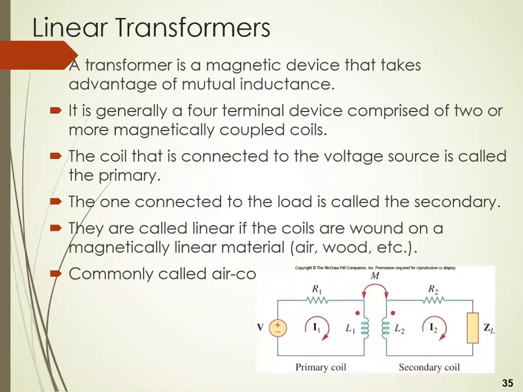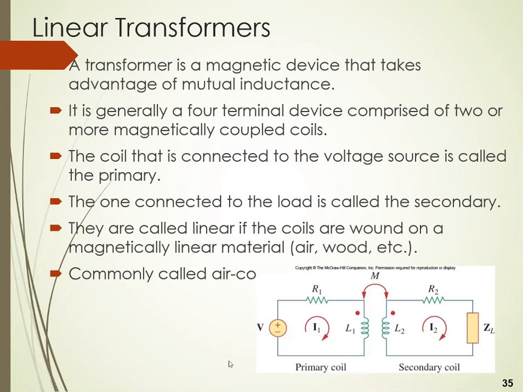A transformer is in general a 4-terminal device. It has two terminals on what is called the primary coil, and two terminals on the other side, called the secondary coil. The coil that is connected to the voltage source is normally called the primary coil, and the coil or circuit part that is connected to the load is called the secondary.